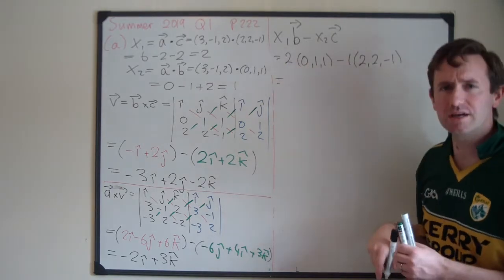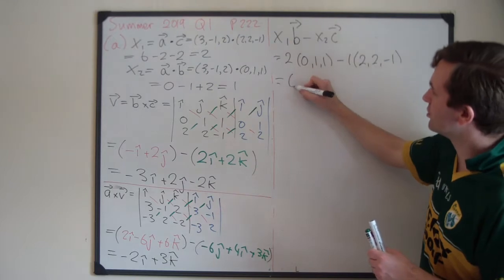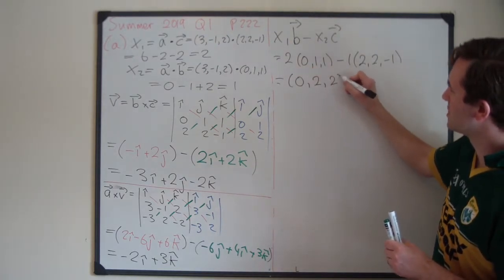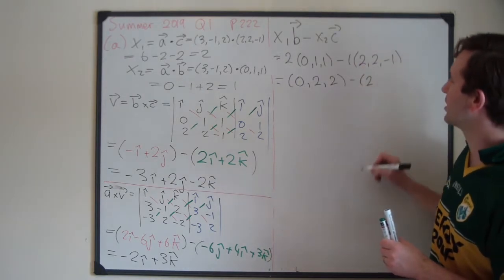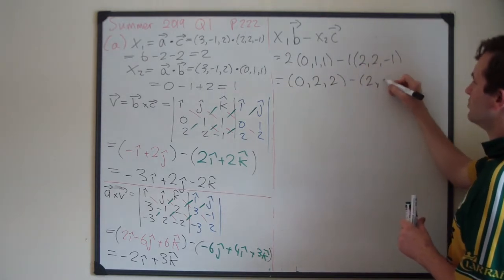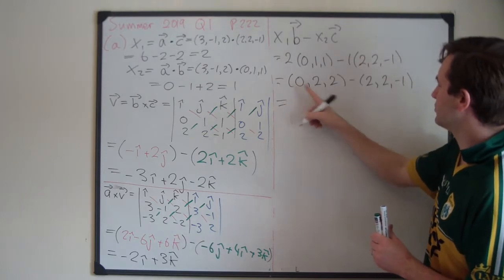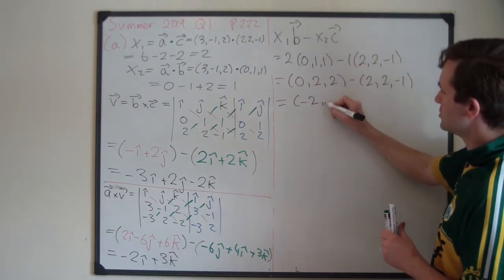So a scalar multiplication, you multiply all of them. So you're going to have 2 by 0 is 0, 2 by 1 is 2, 2 by 1 is 2. Take away 1 by 2 is 2. Oh, I have to be careful here. I'm just going to multiply into 1. So it'll be 1 by 2 is 2, 1 by 2 is 2, 1 by minus 1 is minus 1. And now let's go. 0 minus 2 is minus 2. 2 minus 2 is 0.